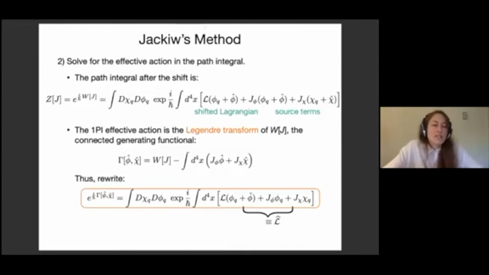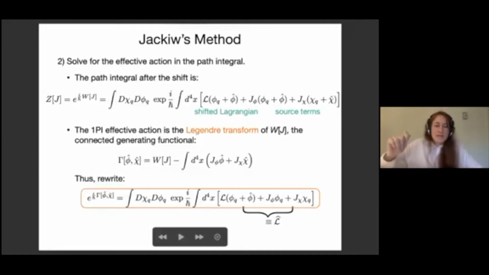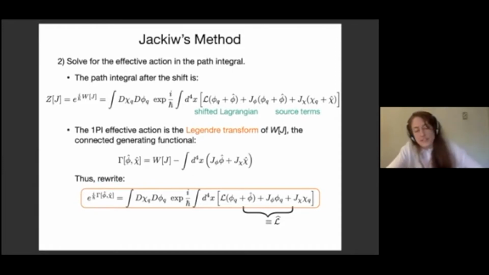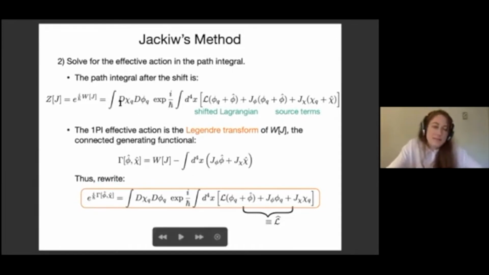Okay, so I shift, and then I want to solve for the effective action in the path integral. The path integral in the presence of the external source, I can write as follows on the right-hand side. Basically, I shift the path integral, and the measure is invariant under the shift, so I can rewrite it as just over chi quantum and phi quantum.